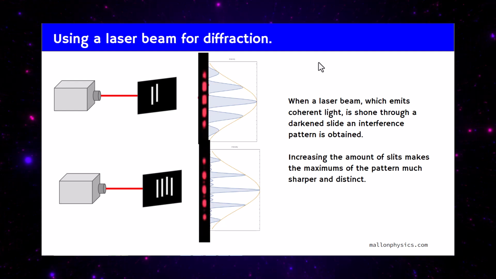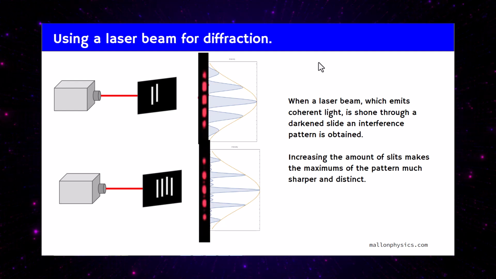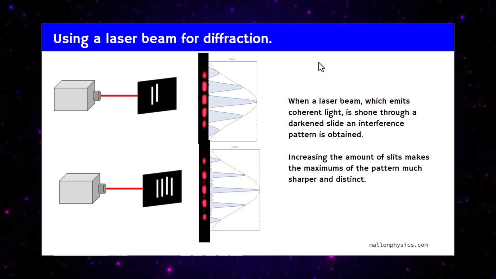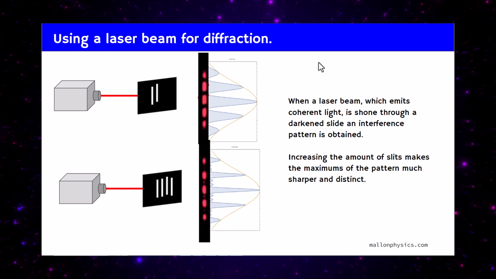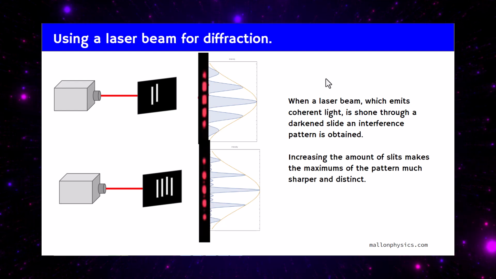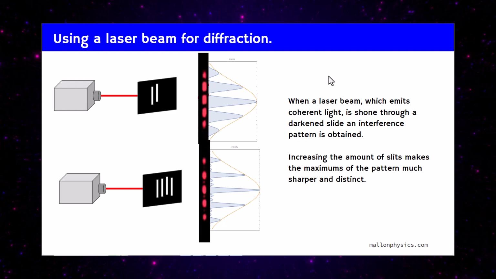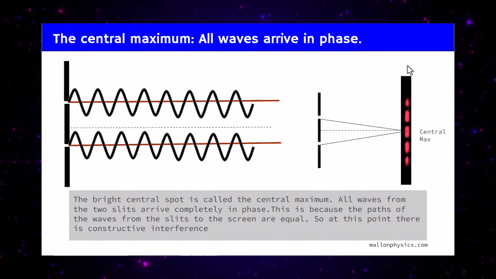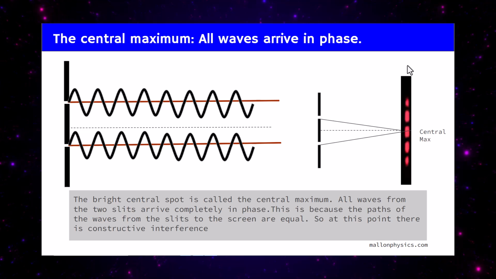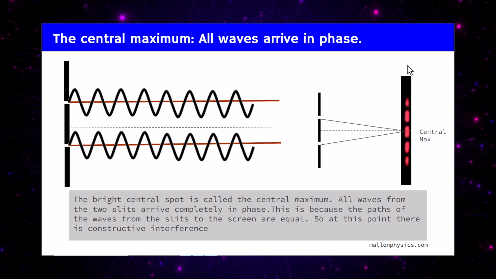So what we have to do now is pass the laser beam through what we call many slits, and the many gaps can be provided by using what we call a diffraction grating, and that's what we'll look at next. But first, a little bit of the theory. So here's an explanation why we get these bright spots on a distant screen, these interference patterns.